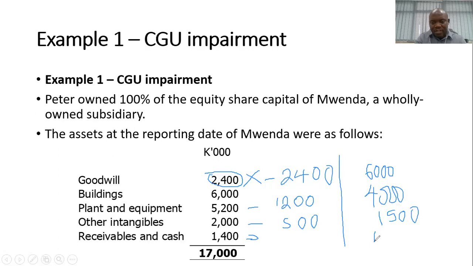And we'll have 1,400. How much in total? This is 10,000, 11,500, 12,500, 12,900.